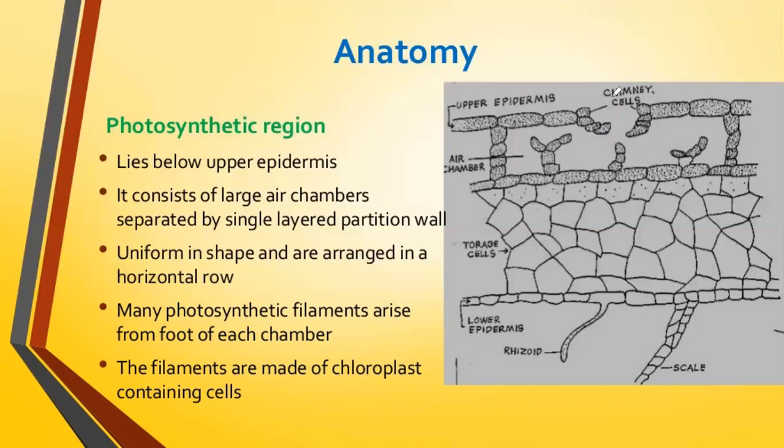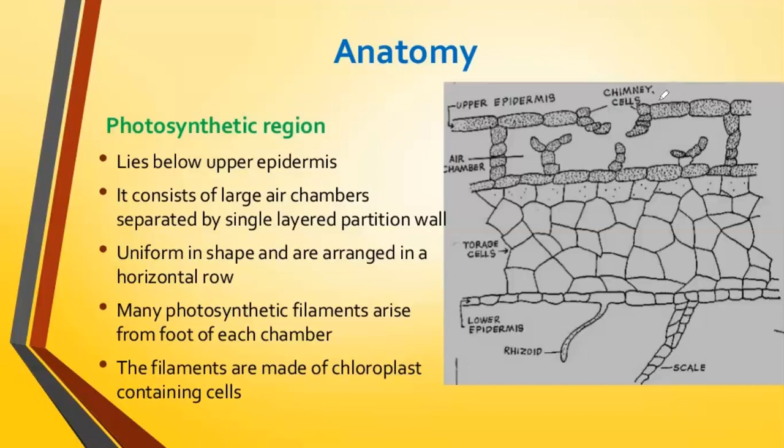We know that it helps in the exchange of gases during photosynthesis and respiration. Like the stomata itself, here in Marchantia the chimney pore cells are formed and they form a small hole in it, called a chimney hole or chimney pore. This helps in the exchange of gases during respiration and photosynthesis.